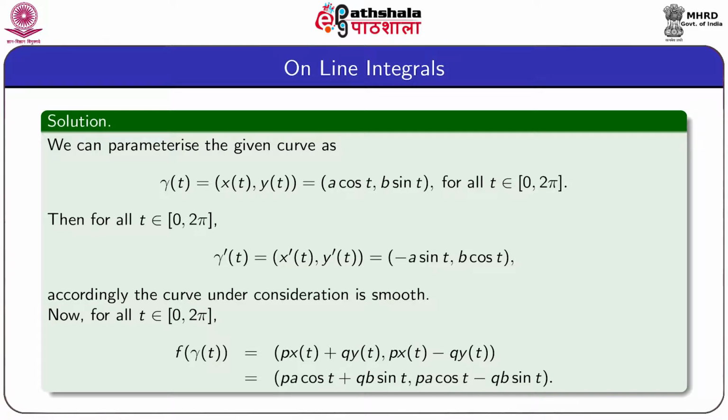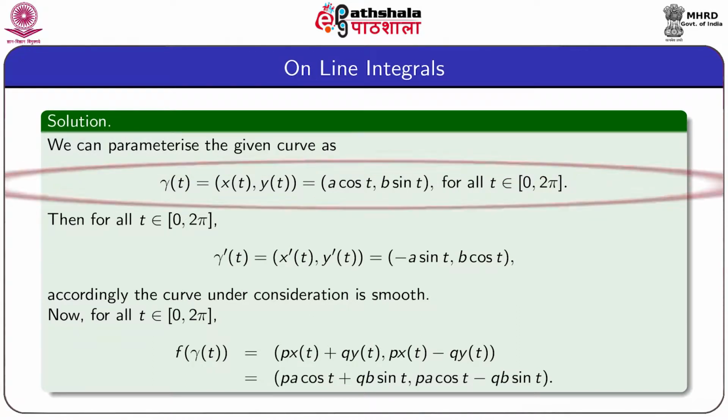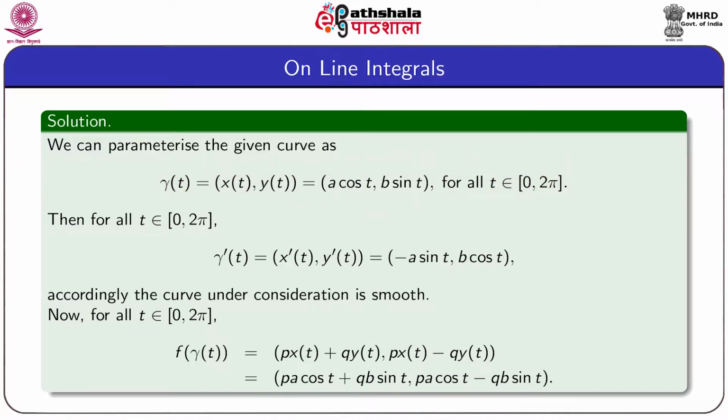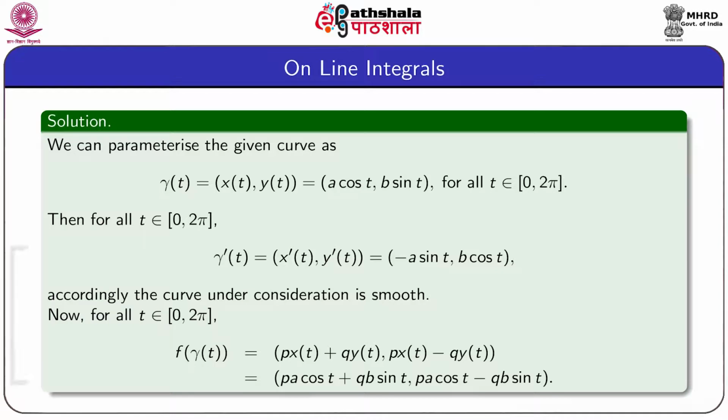Now, we can parameterize the given curve as gamma(t) equals (a cos t, b sin t), that is x(t) is a cos t and y(t) is b sin t for every t coming from 0 to 2 pi. Then for every t in this bounded closed interval, gamma dash(t) equals the ordered pair (minus a sin t, b cos t). Accordingly, the curve under consideration is smooth.